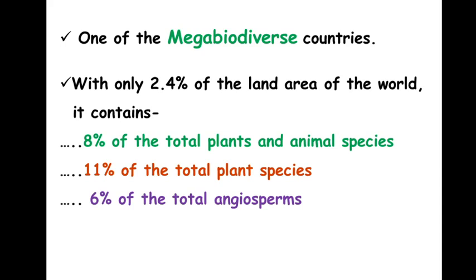India has 48,000 plant species recorded so far, including the lower groups of plants, not only the higher groups: bryophytes, pteridophytes, algae, all considered together. It contains 11% of the total plant species recorded in the world and 6% of the total angiosperms.